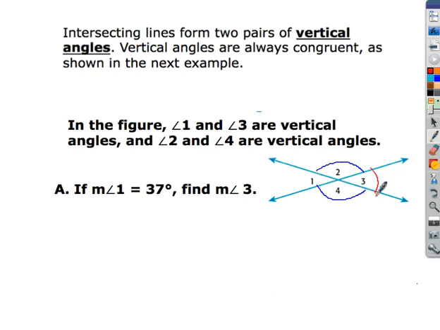And angle 3 and angle 1 are congruent as well. So if the measure of angle 1 is 37 degrees, what would be the measure of angle 3? That's right. Measure of angle 3 would also be 37 degrees. Since they are congruent, they are going to have the exact same measurement. 37, 37. Okay, that's it for this section. Good luck.